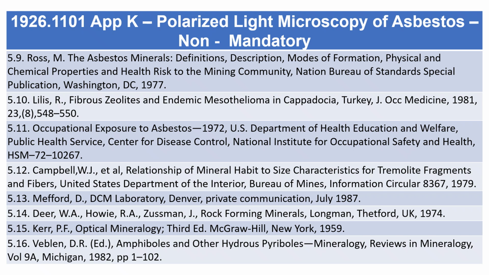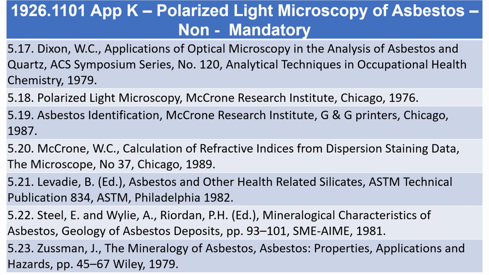5.16. Veblen, D. R., ed., Amphiboles and Other Hydrous Pyriboles, Mineralogy, Reviews in Mineralogy, Vol. 9A, Michigan, 1982, pp. 1-102. 5.17. Dixon, W. C., Applications of Optical Microscopy in the Analysis of Asbestos and Quartz, ACS Symposium Series, No. 120, Analytical Techniques in Occupational Health Chemistry, 1979. 5.18.